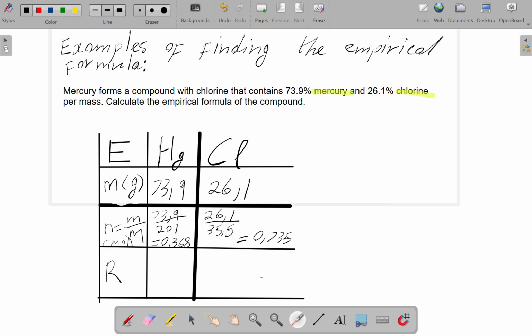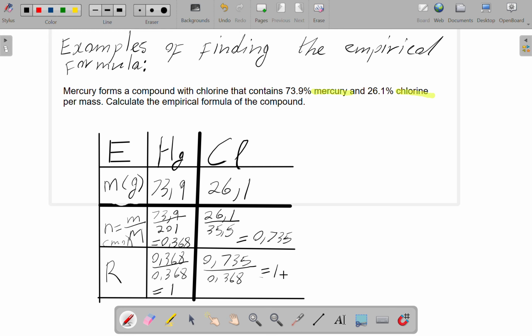How do I do that? Let me just show you quickly. I will say 0,368 divided by 0,368. And what do I get when I say 0,368 divided by 0,368? I'm going to get 1. Then when I come this side and I say 0,735 divided by 0,368, what do I get?